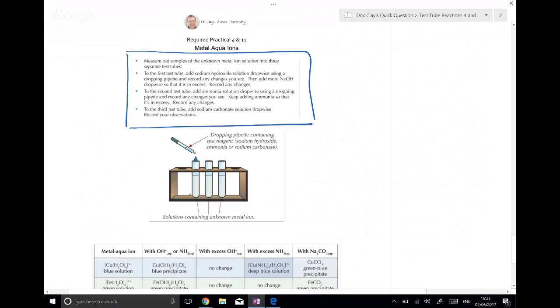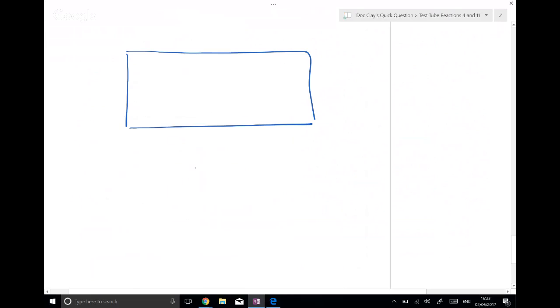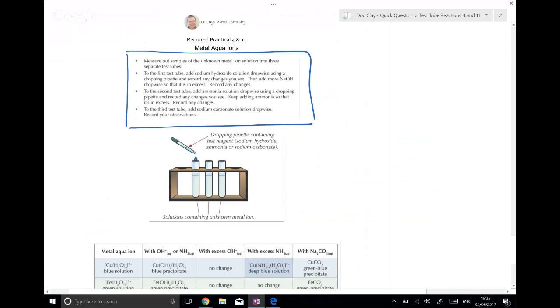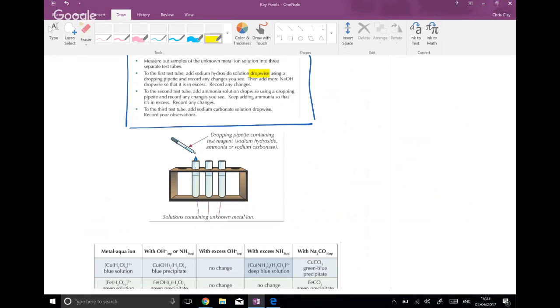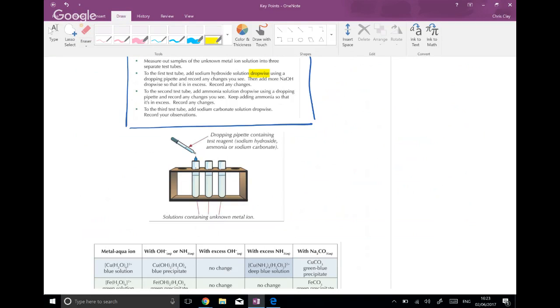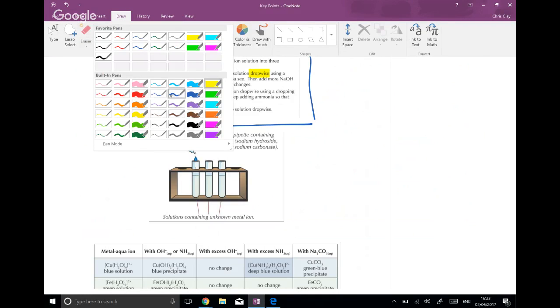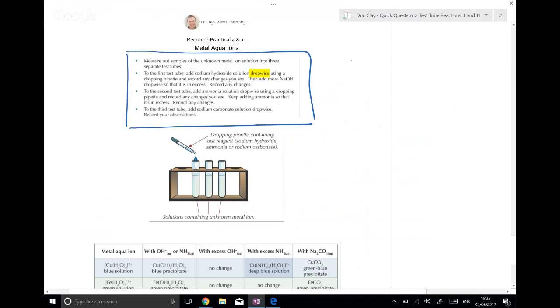You're going to measure out small samples of the unknown metal ion solution into some test tubes, and then importantly, the key words that we're using here are, you're going to add sodium hydroxide solution. We do this dropwise, using a dropping pipette, and record any changes. The sort of recording of changes that we should be able to write down is that it forms a colored precipitate.